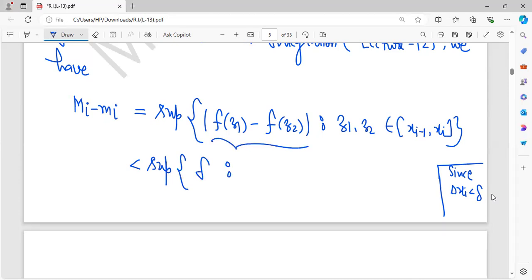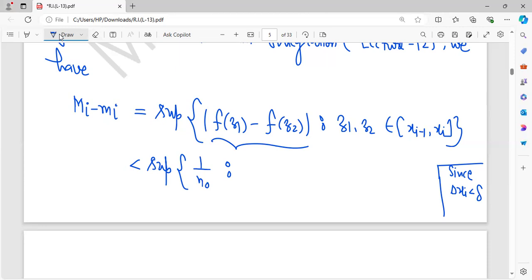This quantity is less than 1 upon n naught, because the norm is less than delta.